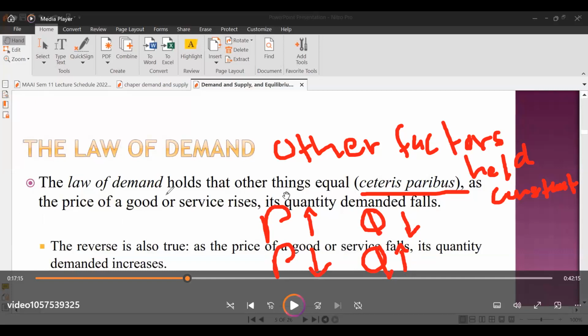When one variable increases, the other variable decreases, so those variables move in two opposite directions. Then we can identify this relationship as a negative relationship, or inverse. Another word, inverse.